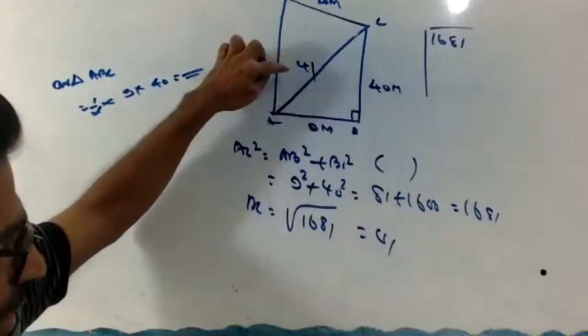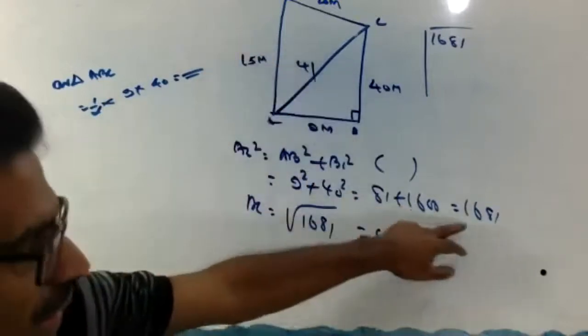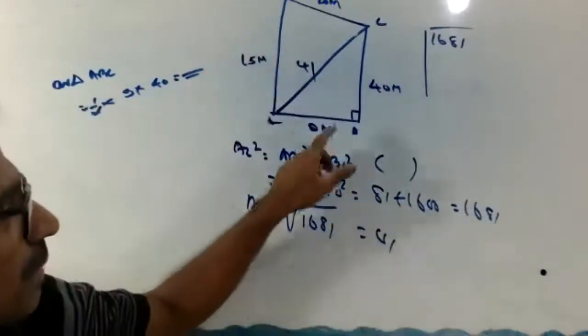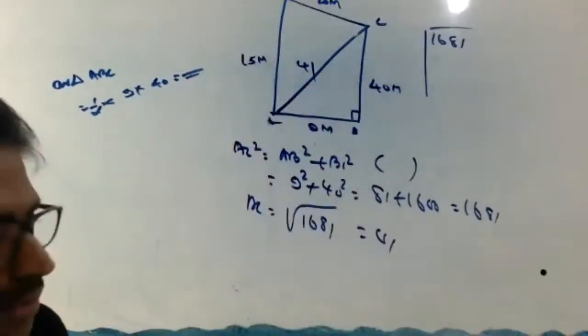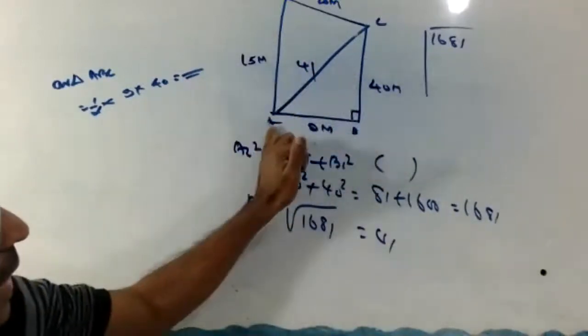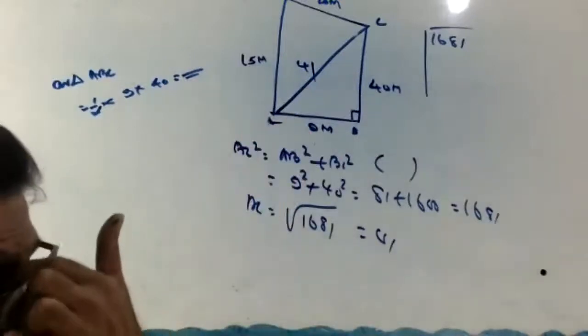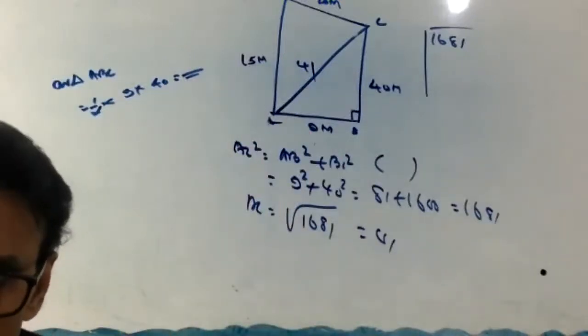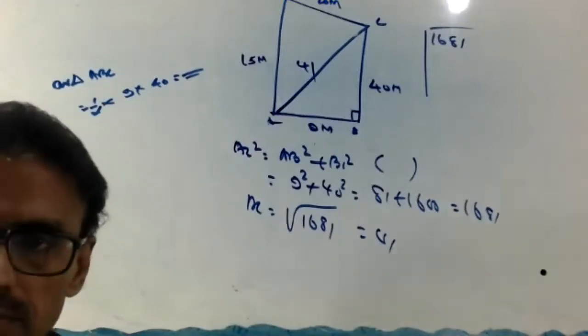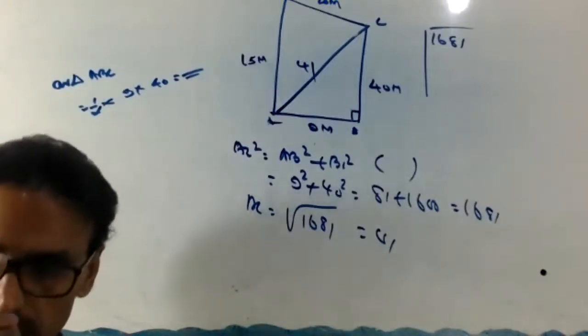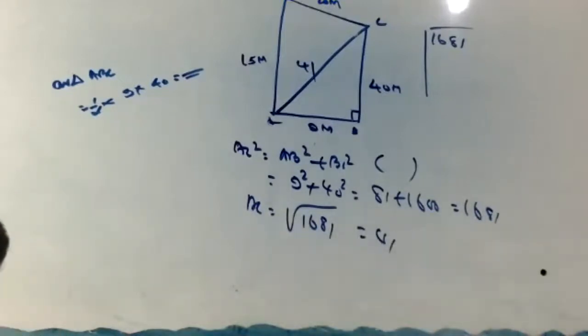Using Pythagoras theorem we can find this one, so you got 41. Then find the area of triangle ABC, half base into height. Then find the area of triangle ACD using Heron's formula. Then add, that is the total area. Do it now. Okay, find first.